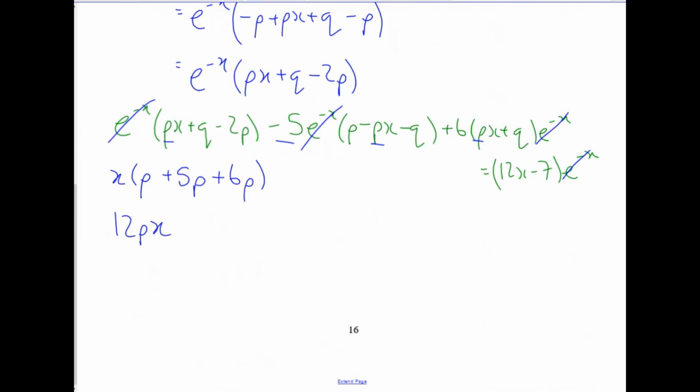My number terms: I've got plus q minus 2p here, minus 5 times p, so minus 5p, and minus 5 times minus q gives me plus 5q, and I've got plus 6q from this one. And this is equal to 12x minus 7.